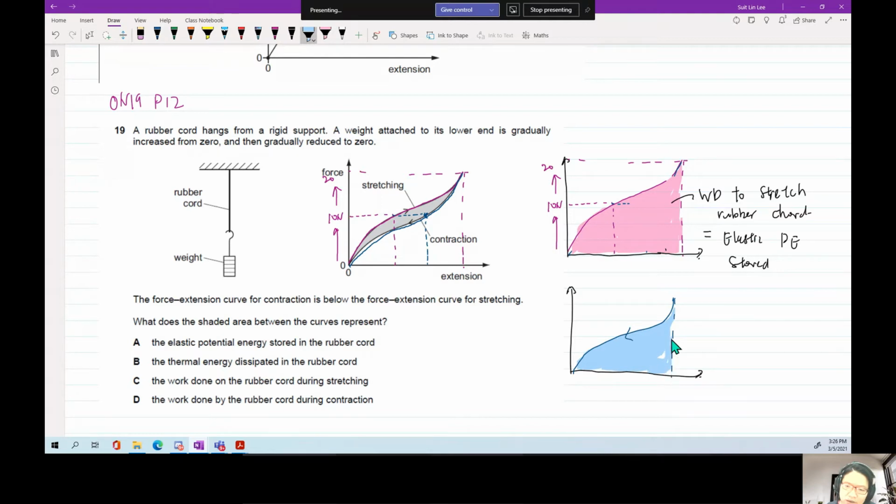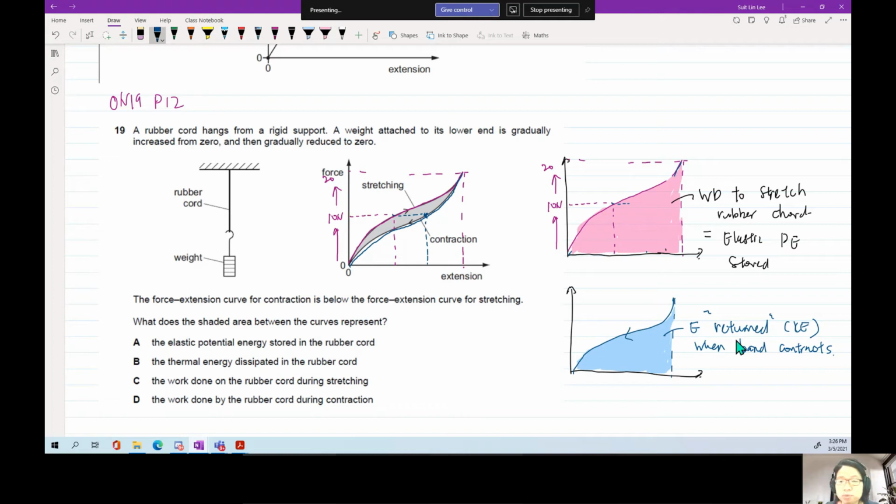So whatever area under here is the energy released, the energy return. Normally it is in the form of KE, when the band contracts or when we remove the load.